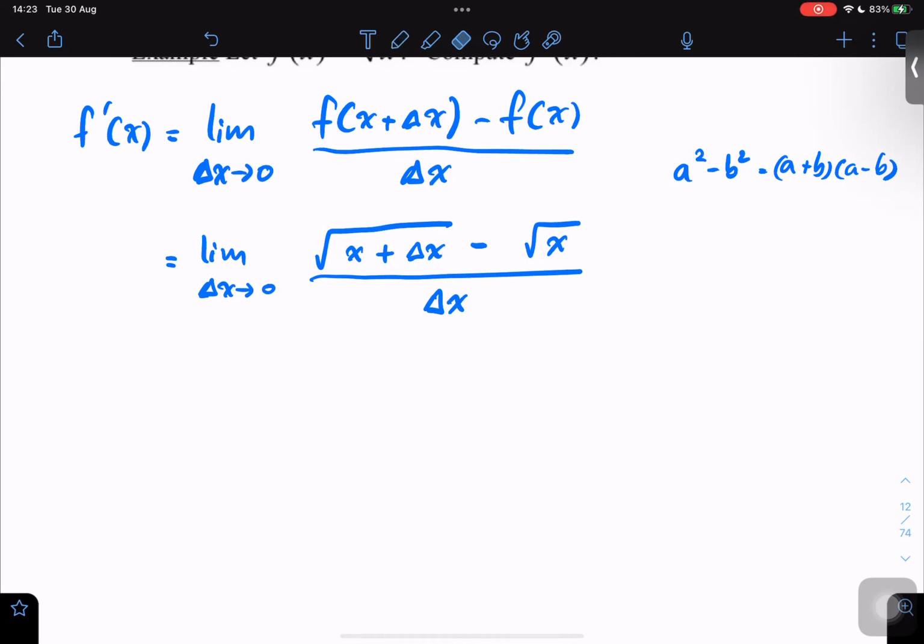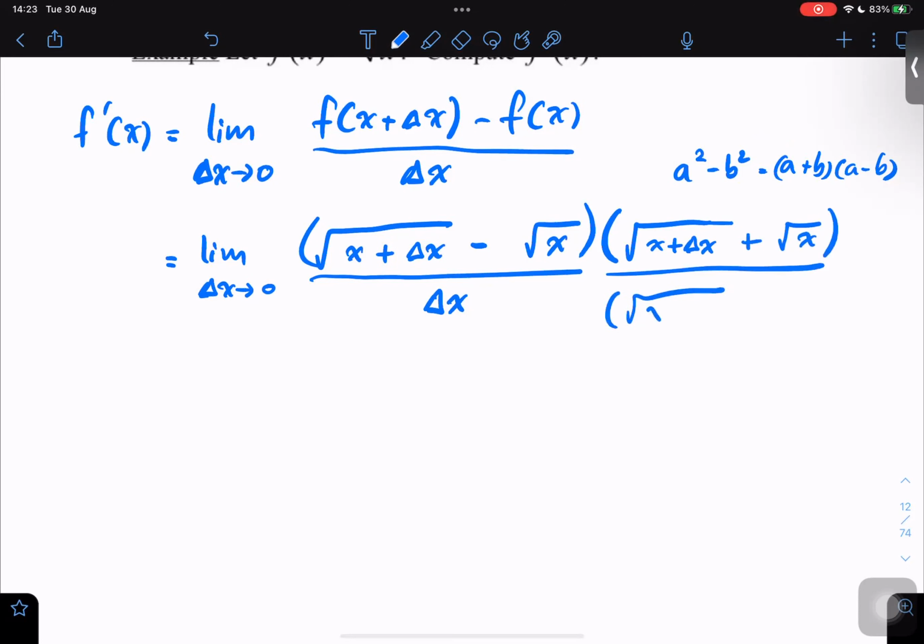But this time I will see this to be a minus b. Then I'm going to multiply by the square root of x plus delta x plus the square root of x in both numerator and denominator.